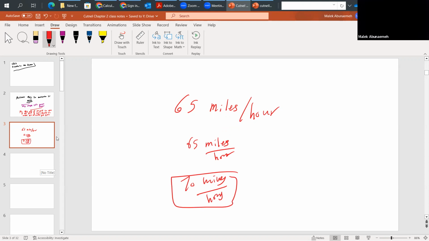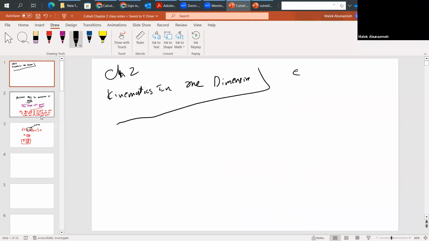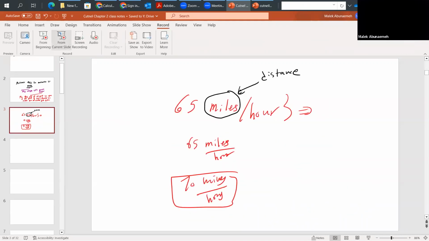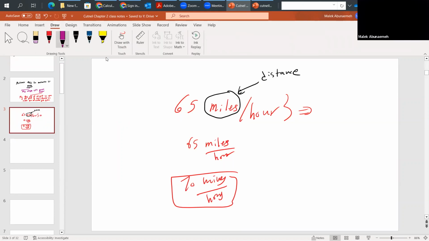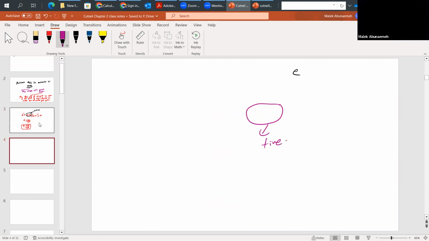Now, when you talk about the speed, 70 miles per hour or 65 miles per hour, we're talking about miles per hour. What is miles? Miles is another fancy word for, you guessed it, distance. And hours is another word for time.